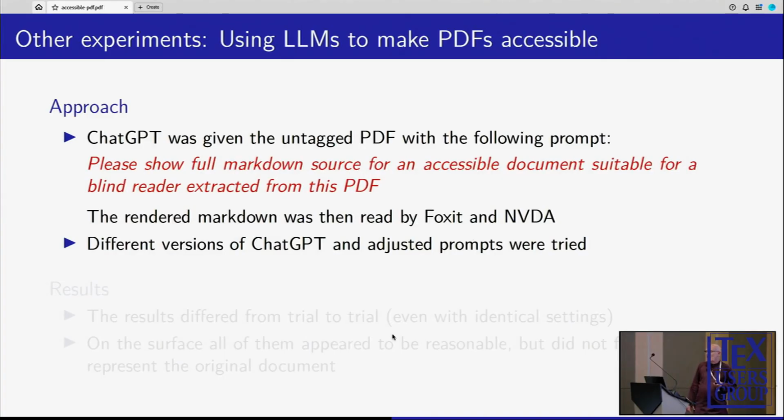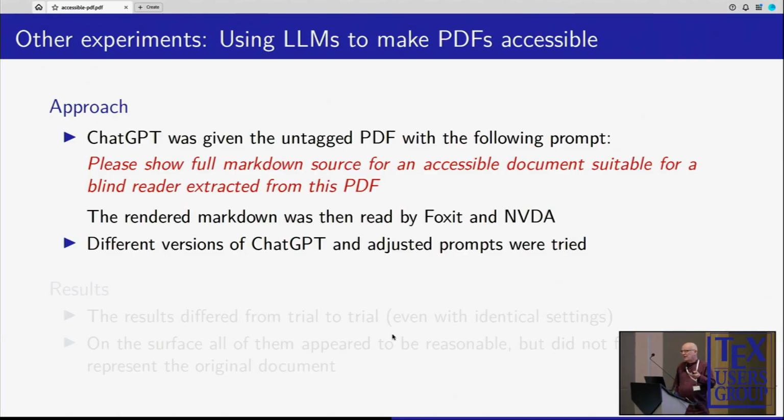We used the hype that is currently around and said, what can LLMs do here? So we took the PDF document and asked an LLM, in that case the first experiment was with ChatGPT 3.5 or whatever: Please show the full markdown source for an accessible document suitable for a blind reader extracted from this PDF.